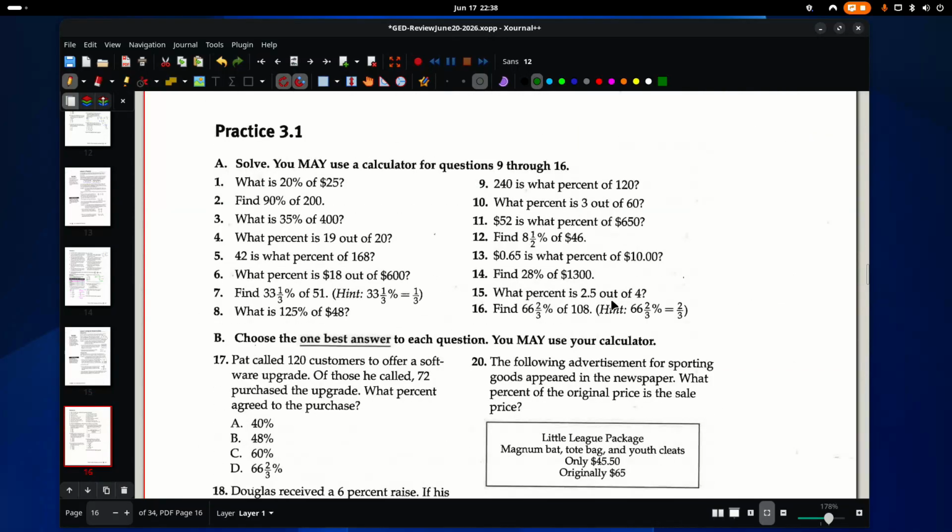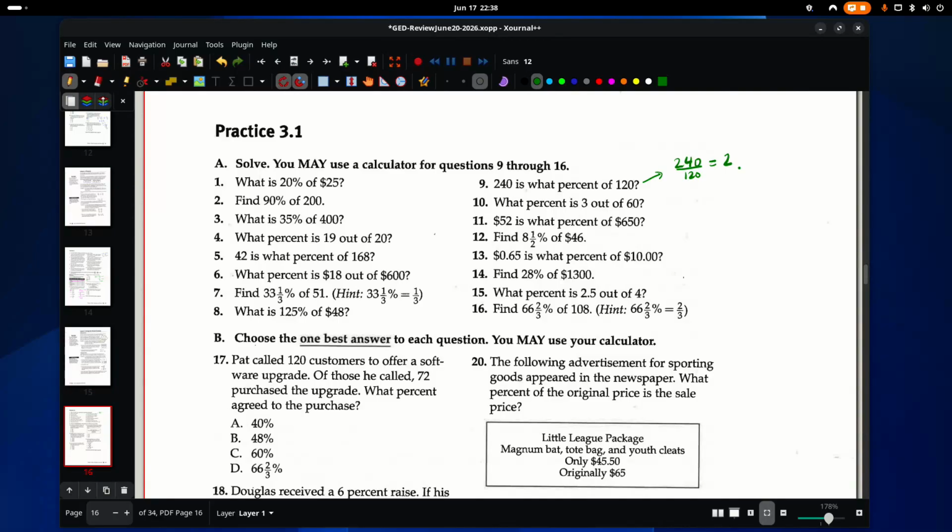Okay. These are more or less calculator problems. We can do a few. This one actually I don't think is, but so 240 is what percent of 120? So 240 over 120 is equal to 2.